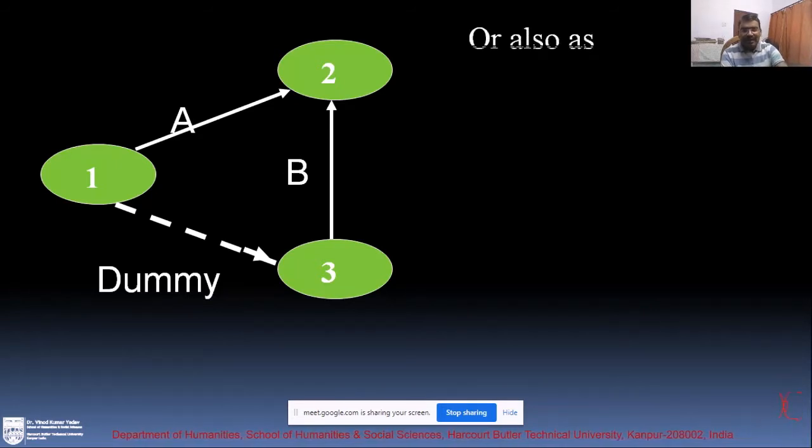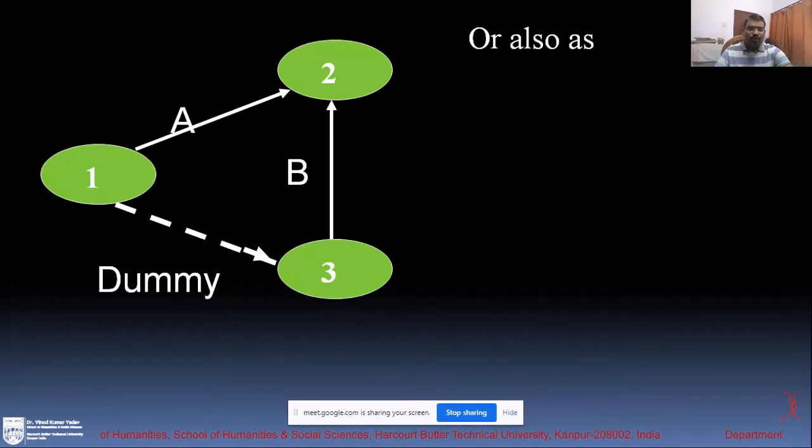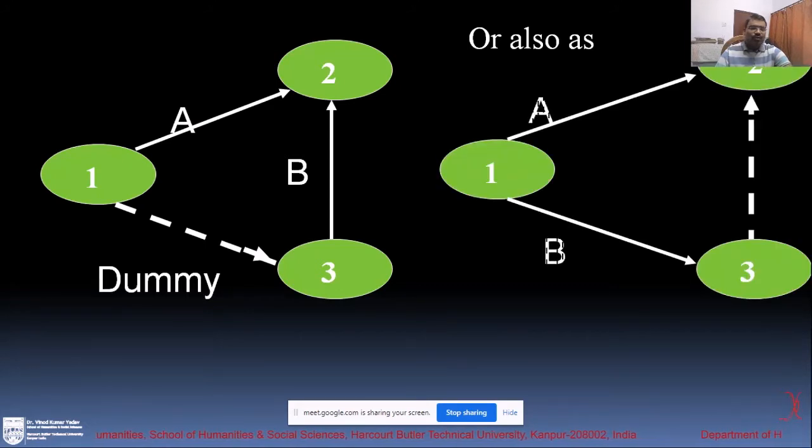It may be in this form also. 1 to 2 is A activity, 1 to 3 is B activity. In the previous example, we had taken that the two activities are ending at the same node.